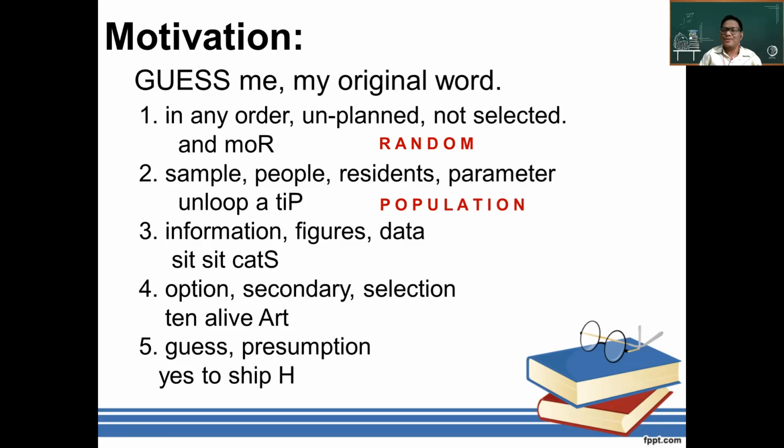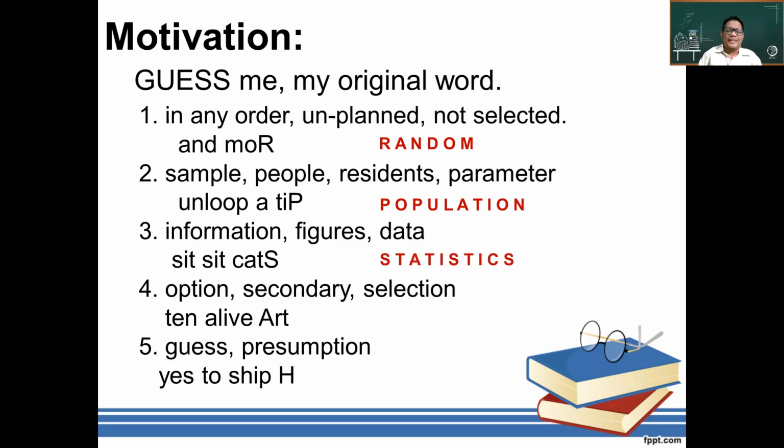Okay, let's proceed. Number 3. It means information, or figures, or data. So for example, you are asking for the data or the figures of a certain sexy lady. So it is what? Yes, Fox. It is vital statistics, correct. It is statistics.